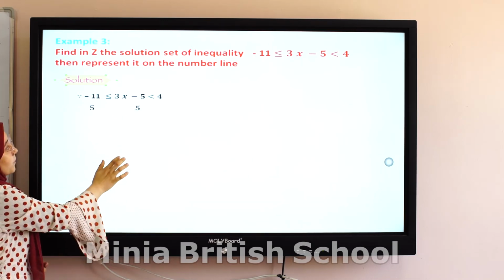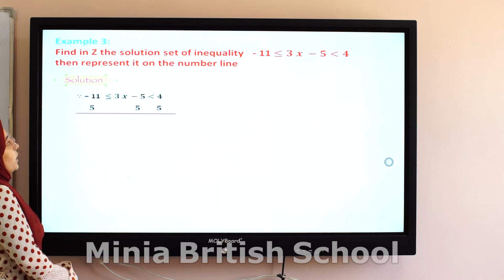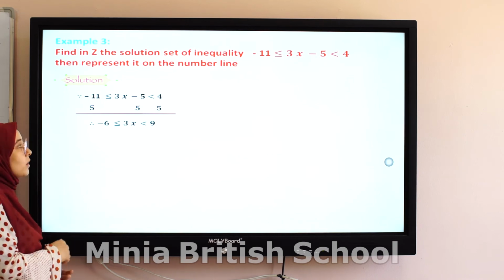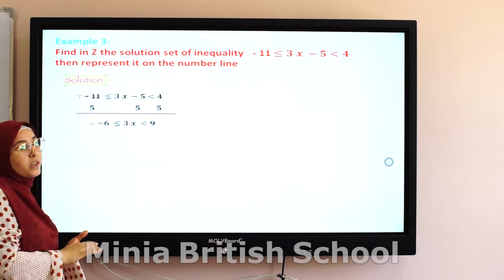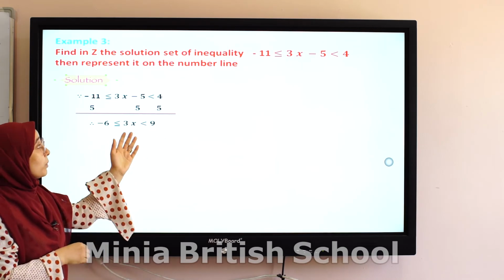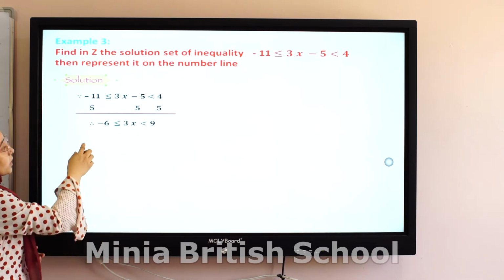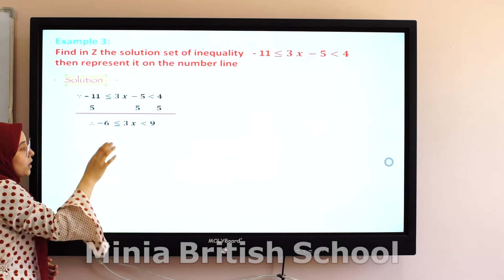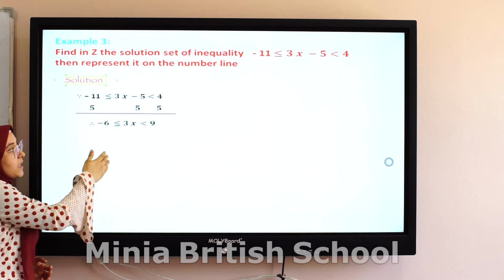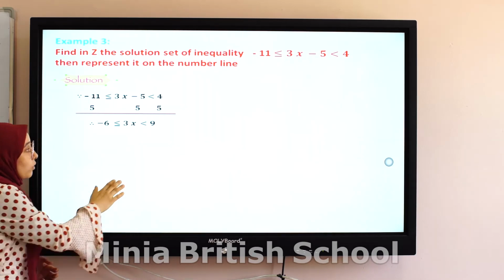So -11 plus 5 equals -6 and -5 plus 5 equals 0. 4 plus 5 equals 9. So 3x is greater than or equal to -6 and less than 9, okay?